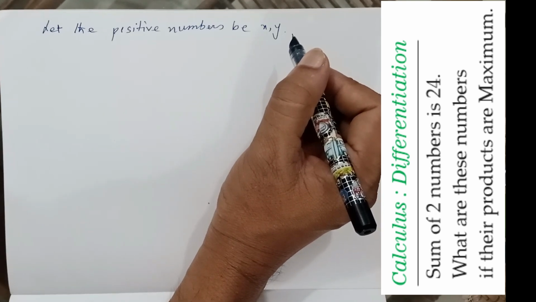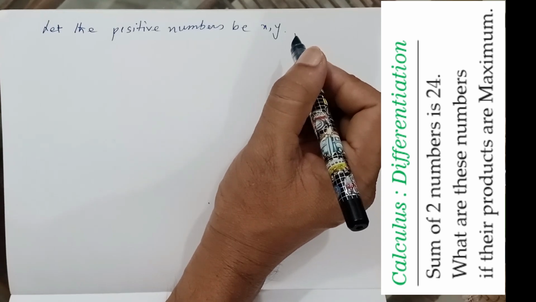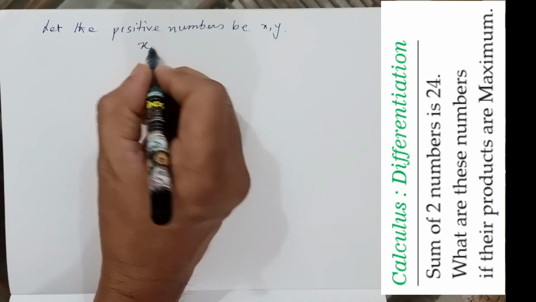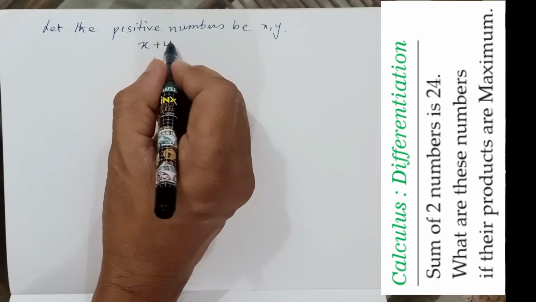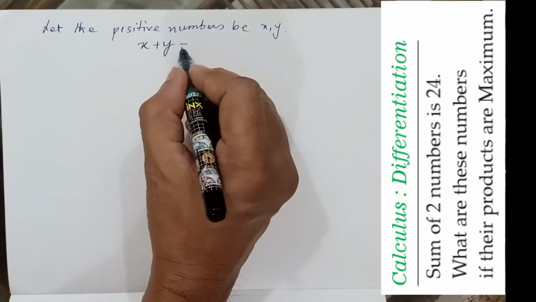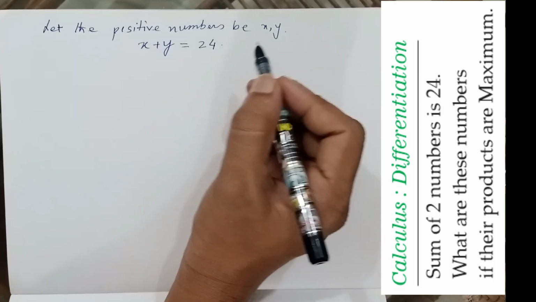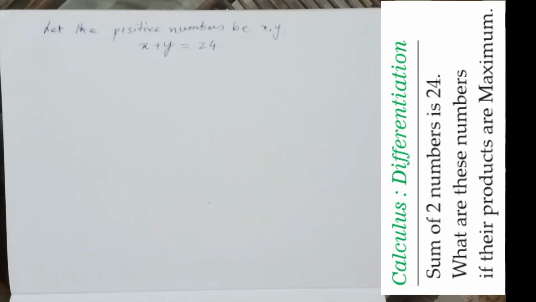Then for the condition that is given, which here is the constraint, first you should formulate the constraint equation. So here the constraint equation is that the summation of these two numbers, x plus y, equals 24.